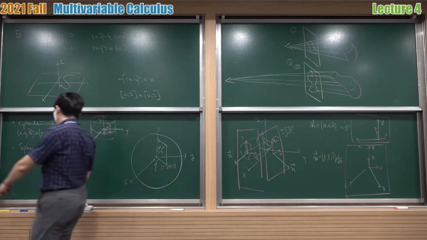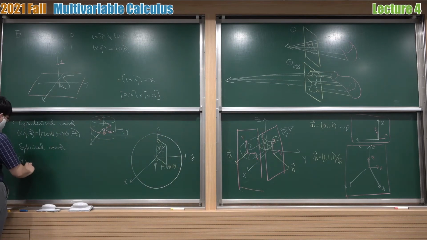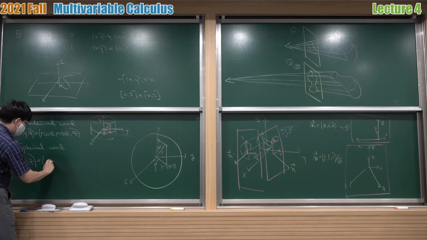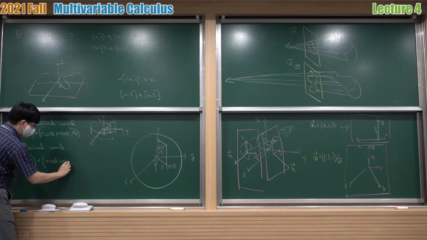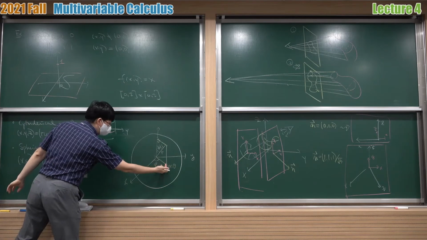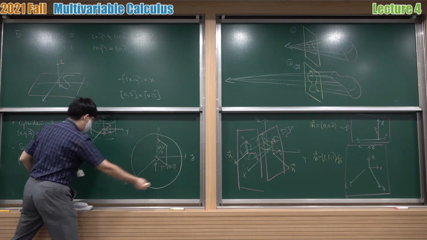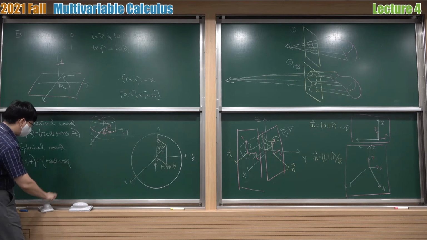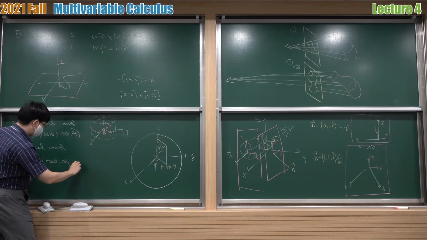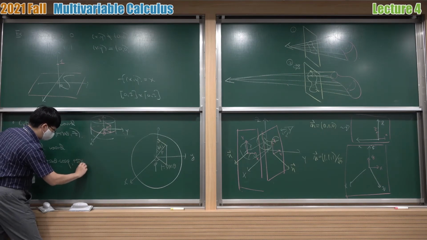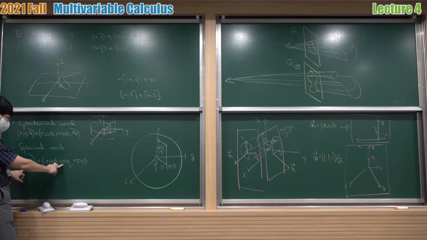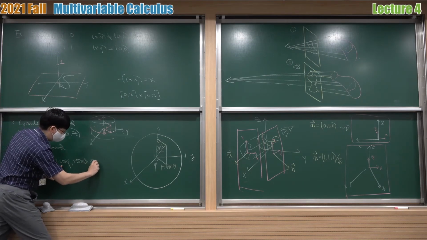So x, y, z will be, first, x will be the radius r times sine theta times cosine phi. So this is the angle of the point, this is the radius of the projected point on the xy plane. So it should be the same for the y-axis, r sine theta, but for the y coordinate, we should put sine phi.